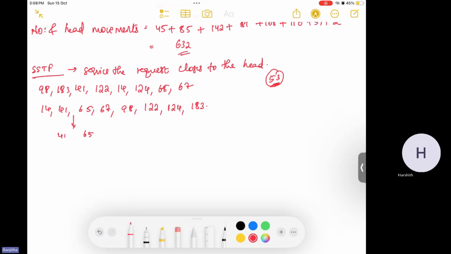That is found out by simple subtraction, 65 minus 53 and 53 minus 41.